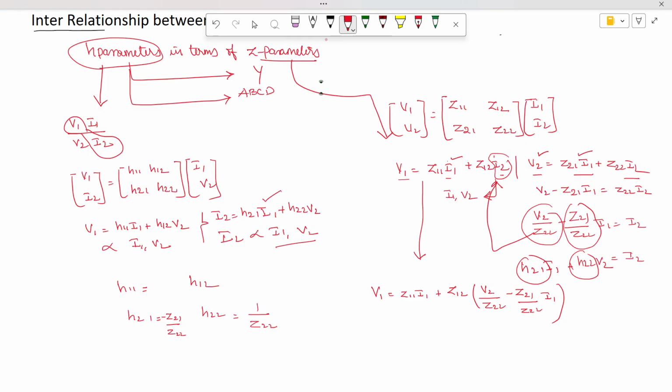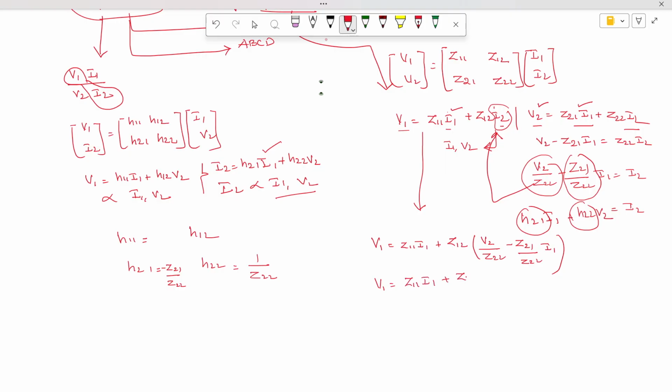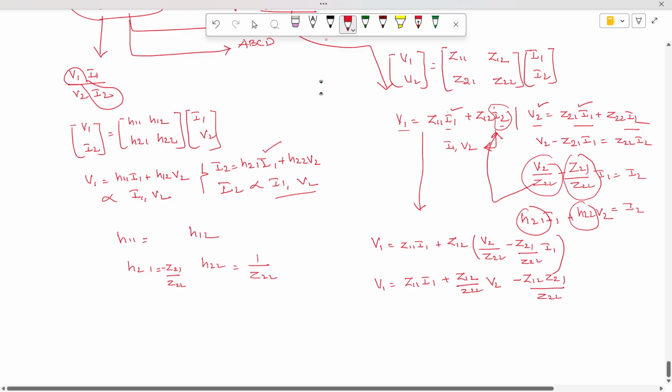So this is directly in V2 as well as I1. So when you write down here, V1 is equal to Z11 I1 plus Z12 divided by Z22 V2 minus Z12 Z21 divided by Z22 times I1. Take I1 as a common term.